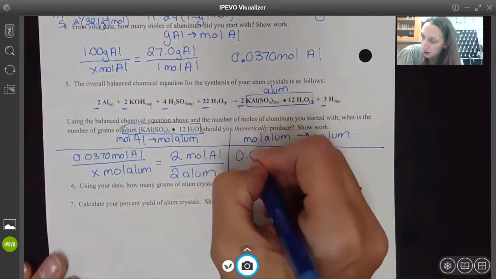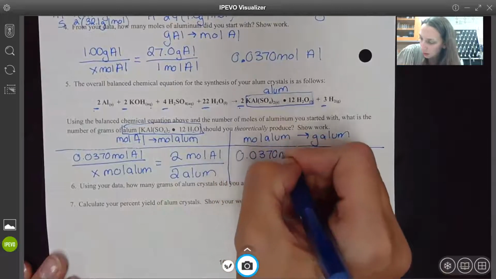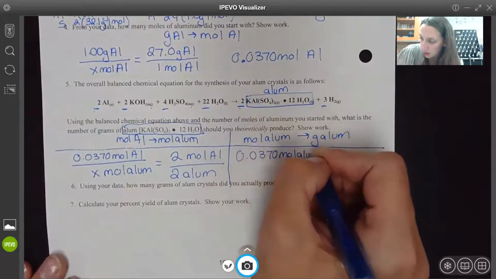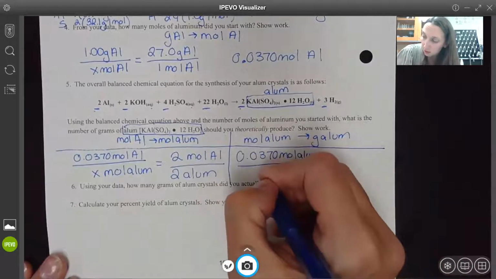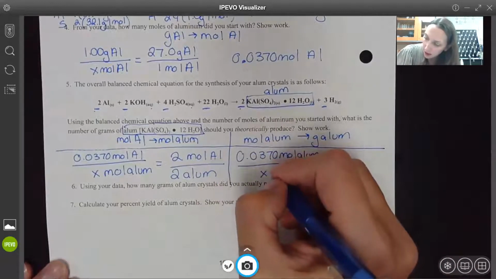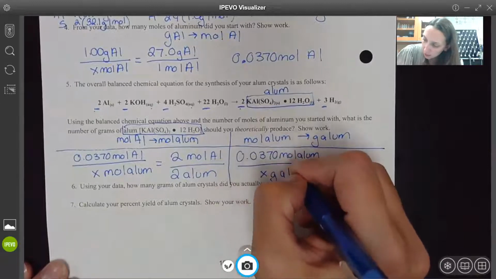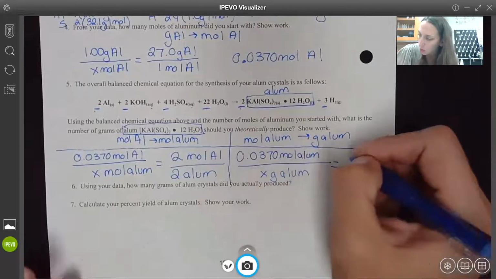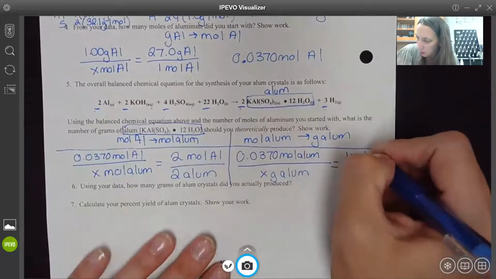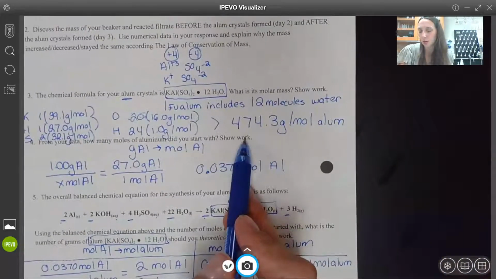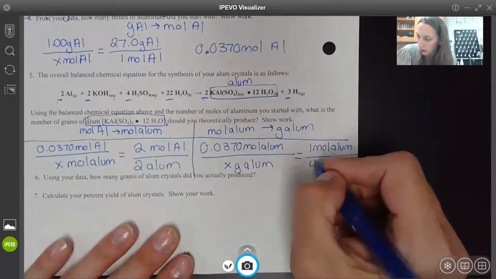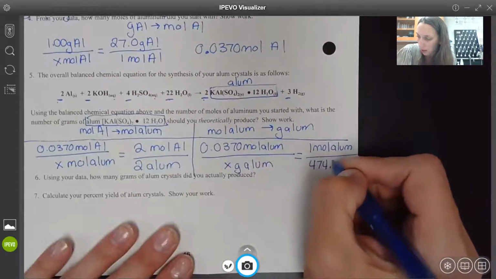But now I got my moles of alum, which is the same number, coincidentally, as moles of aluminum, but now it's a different substance. Now I can get to grams of alum. And I know in 1 mole of alum, because I wrote it up above, there are 474.3 grams of alum in every 1 mole of alum.